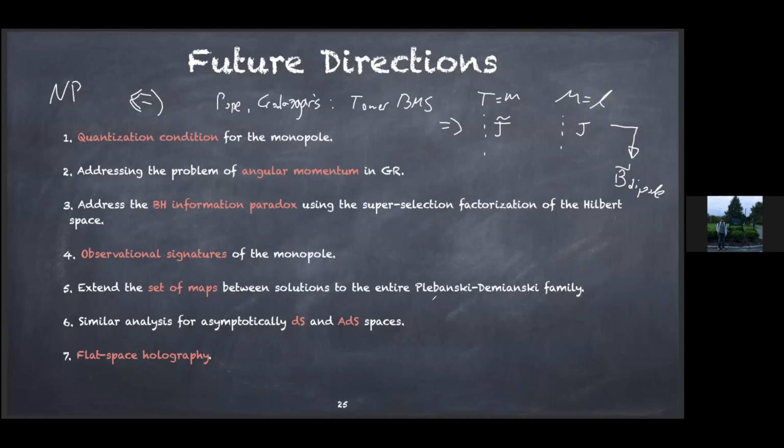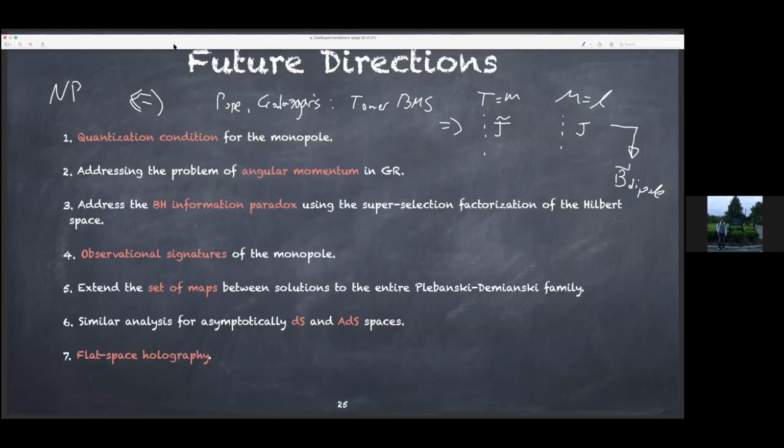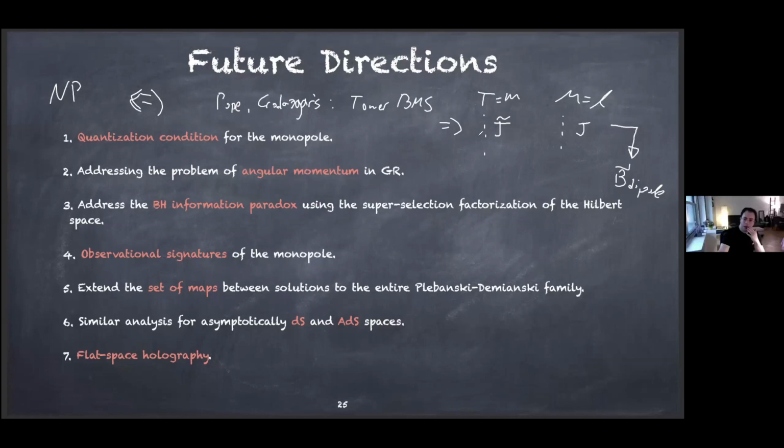I wouldn't expect any non-trivial constraint at subleading order. You mean you wouldn't expect more. I wouldn't expect dual charges. That's what I'm thinking of, because we don't have any constraint at subleading. If you look at the subleading soft graviton theorem, there is absolutely no constraint that relates the two polarizations to each other.